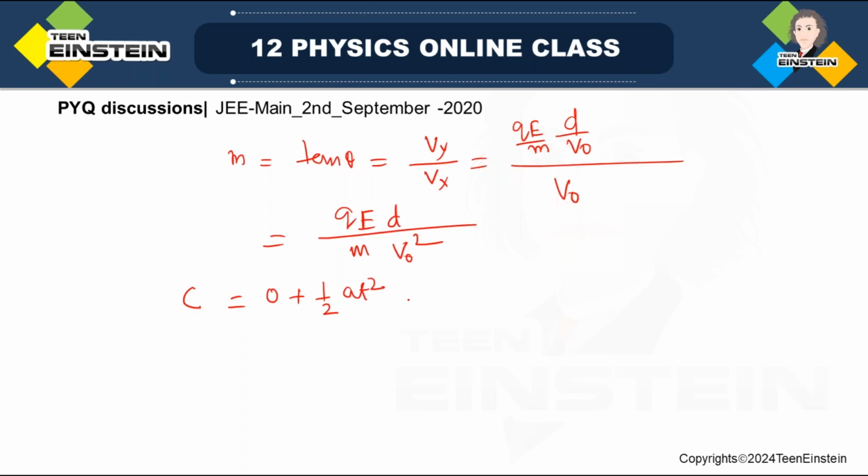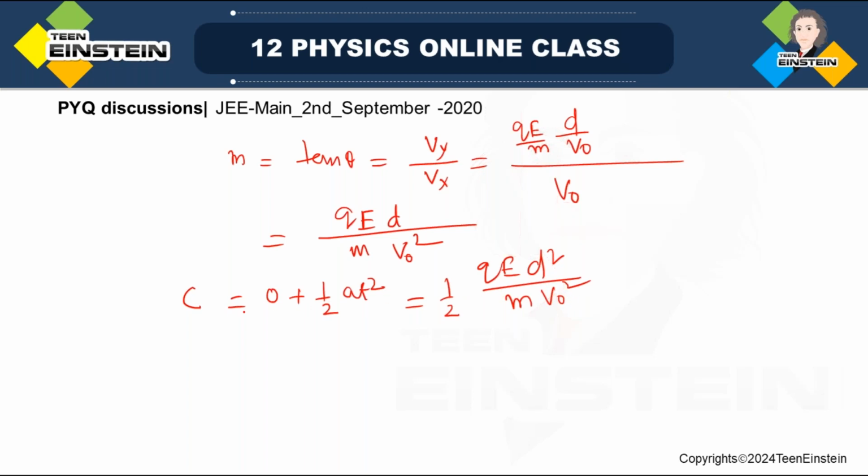So C is this, then you look, half a is qE by m actually. That is a t square. So this is half a t square.